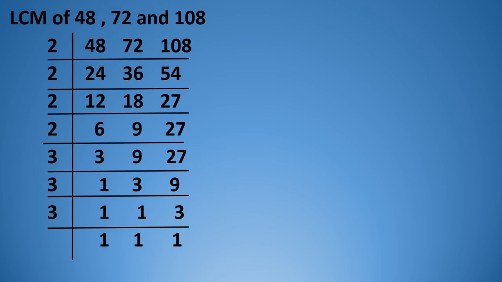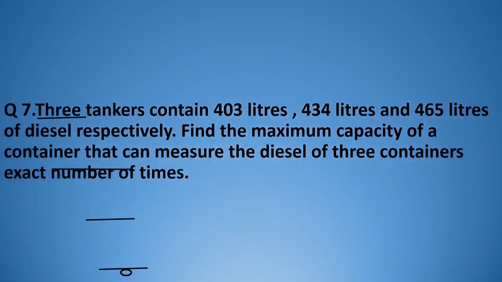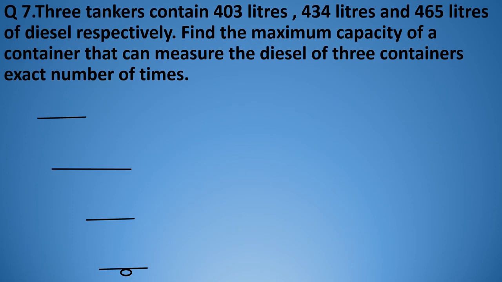Now see question number 7 that I have given you. 3 tankers contain 403 liters, 434 liters and 465 liters of diesel respectively. Find the maximum capacity of the container that can measure the diesel of the 3 containers an exact number of times.